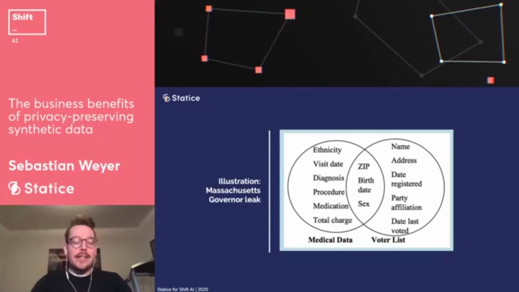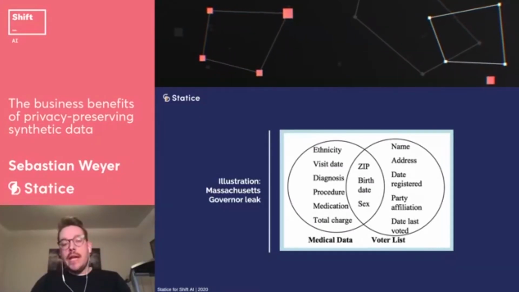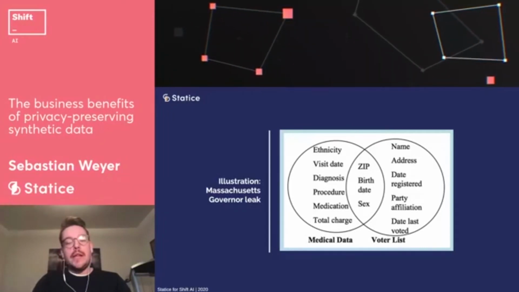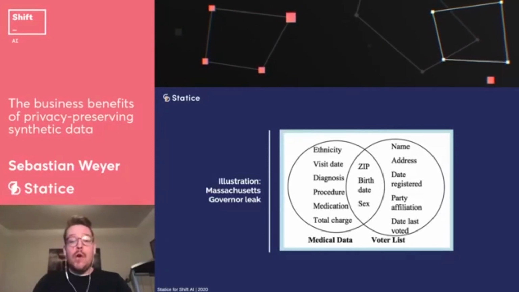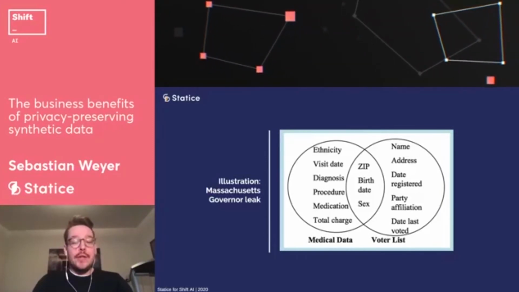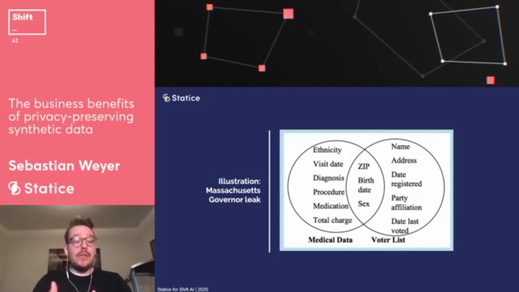researchers went ahead and had a look at a publicly available medical data set. And by just linking this publicly available medical data set based on the attributes of a zip code, the birth date, and the gender of a person within publicly available voters lists, they were actually able to identify most of the individuals in this medical data without having the names, address, or other information in the medical data available.